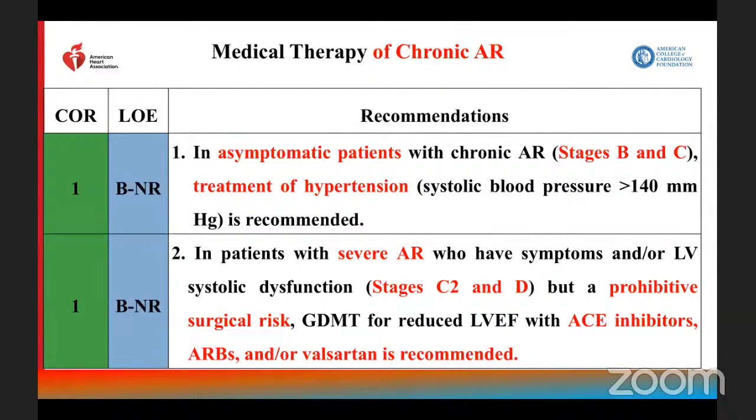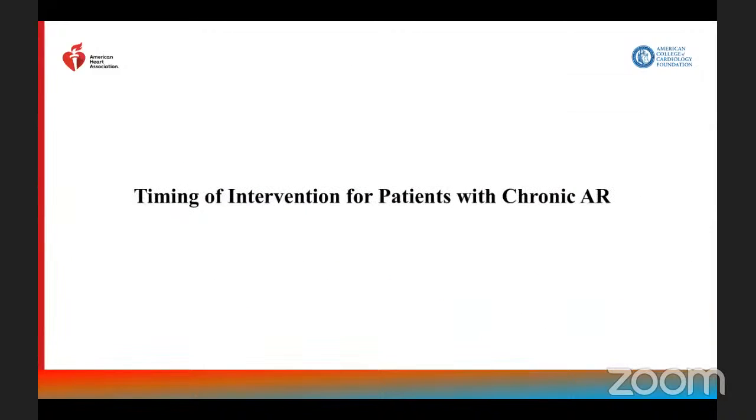It's a class 1B. In patients with severe aortic regurg who have stage C2 and D, but a prohibitive surgical risk, guideline-directed medical therapy to reduce the left ventricle ejection fraction decline with ACE inhibitors, ARBs, and valsartan is recommended. It's a class 1B.